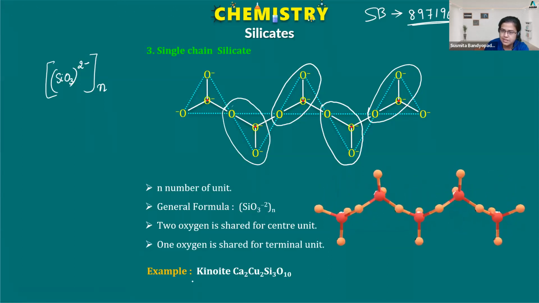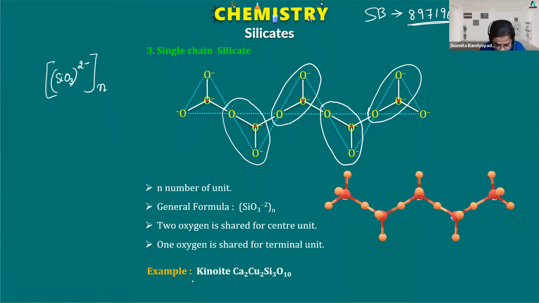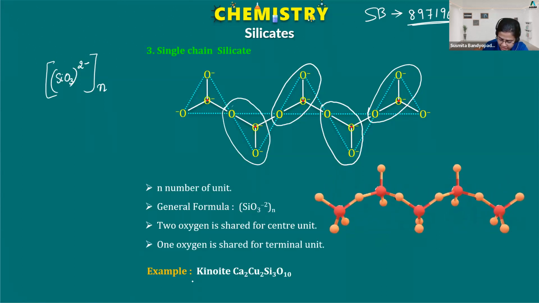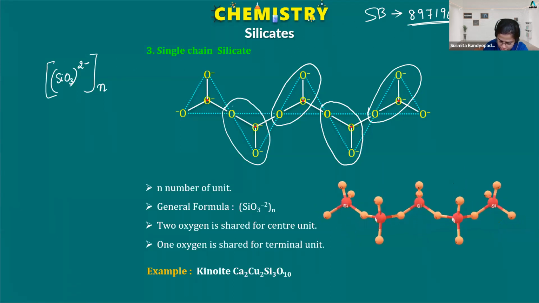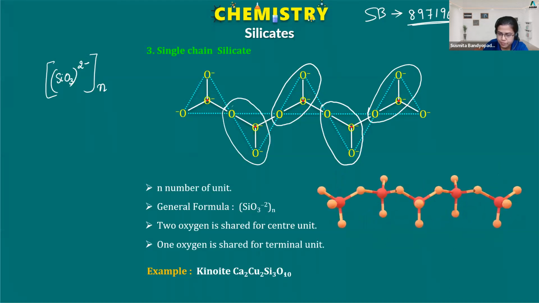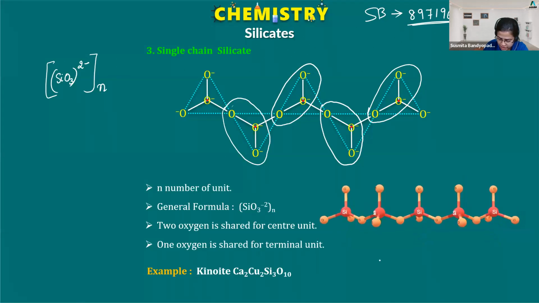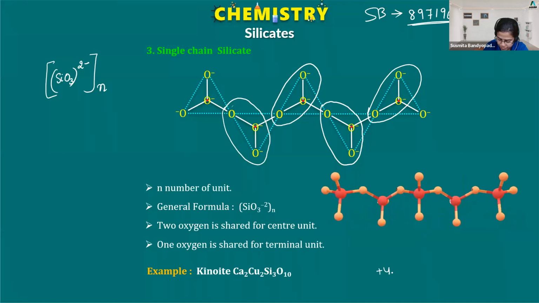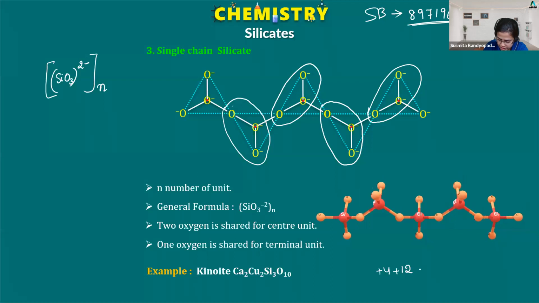In these examples, why did they keep 10 and not 9? SiO3... wait, I'll check this. If it's Si3O9, I'll check. Meanwhile, you tell me any doubt you have or not. Ca plus 4... silicon is plus 4, plus 12.